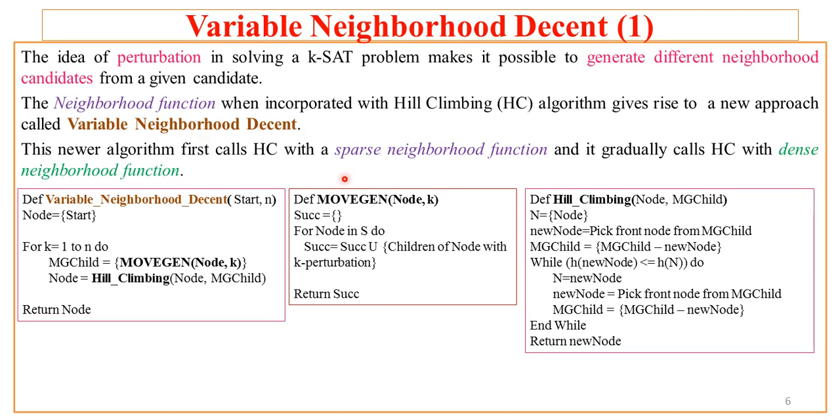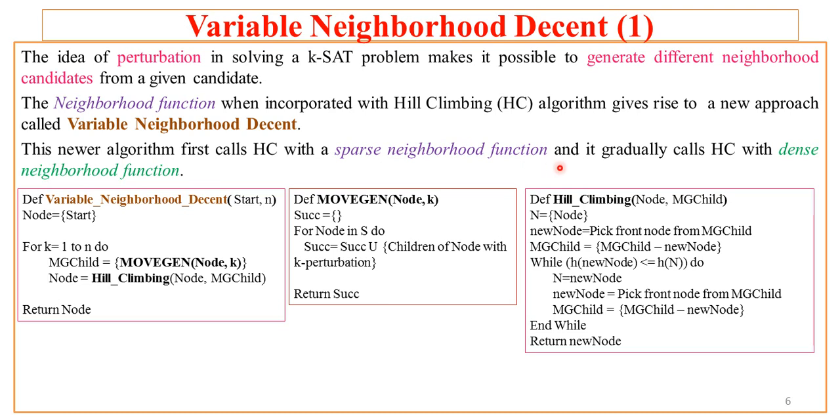So this way the neighborhood function, when incorporated with hill climbing, gives rise to a newer approach called variable neighborhood descent. This newer algorithm first calls hill climbing with a sparse neighborhood function which generates a lesser number of child candidates.